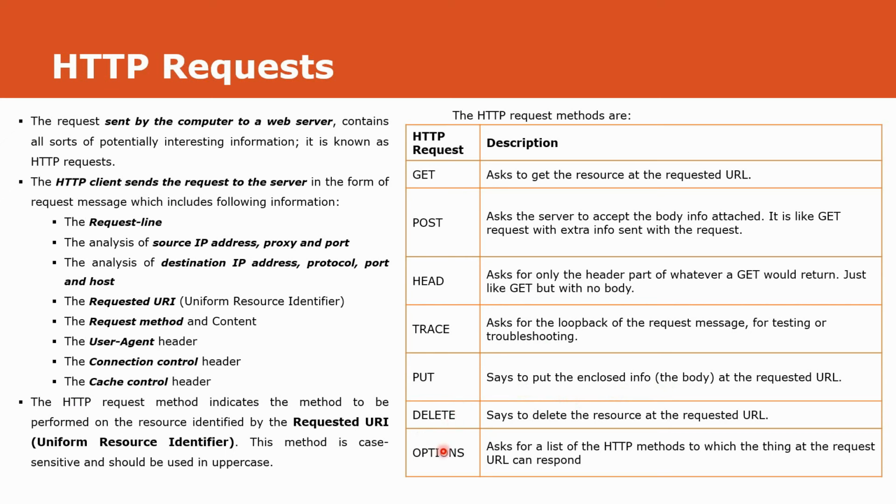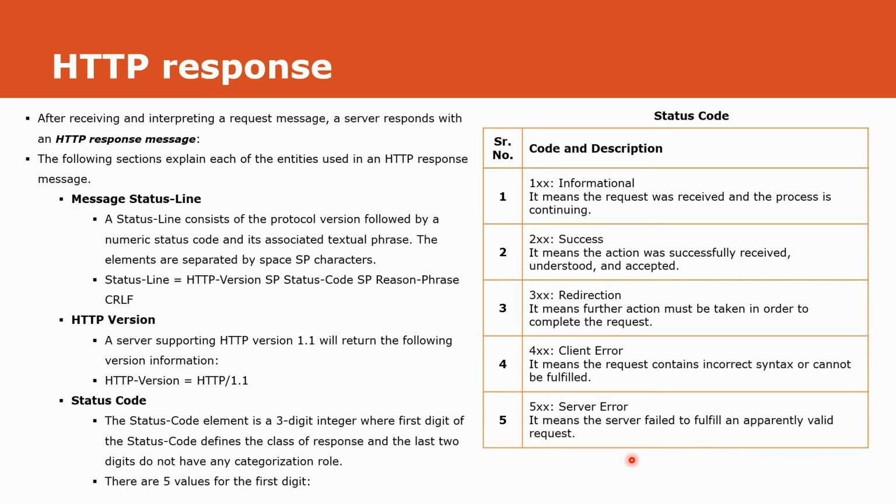And the last one is OPTIONS, which asks for the list of HTTP methods to which the requested URL can respond. Okay, another one is the response. Sometimes if a page is not found, then we get the code 404, file not found, right?